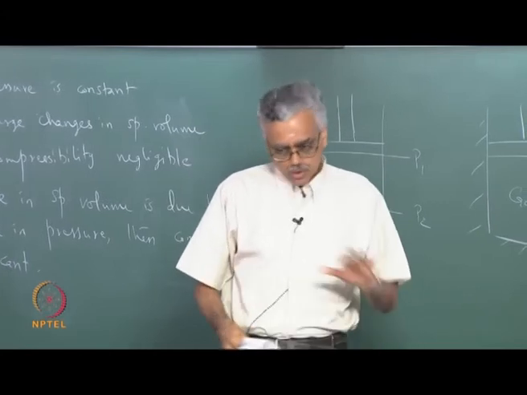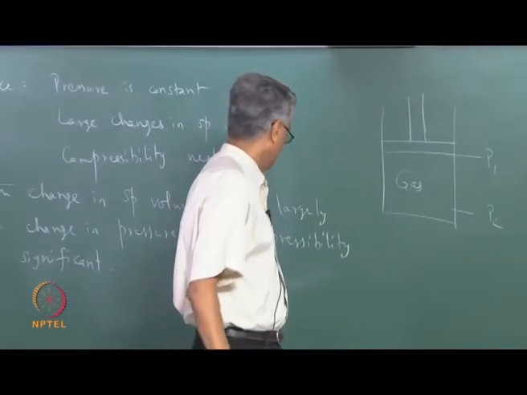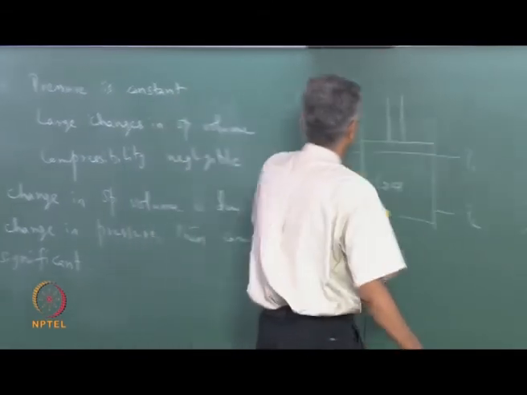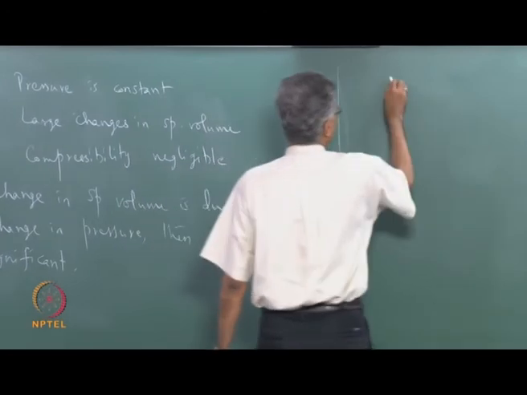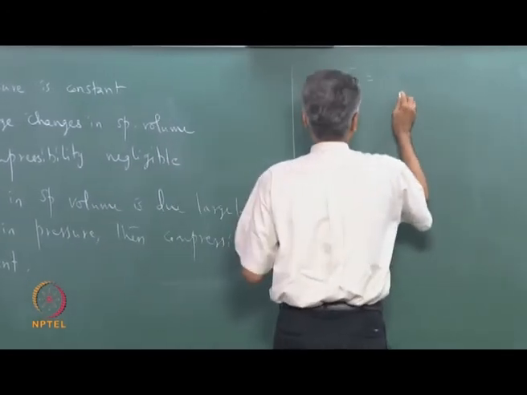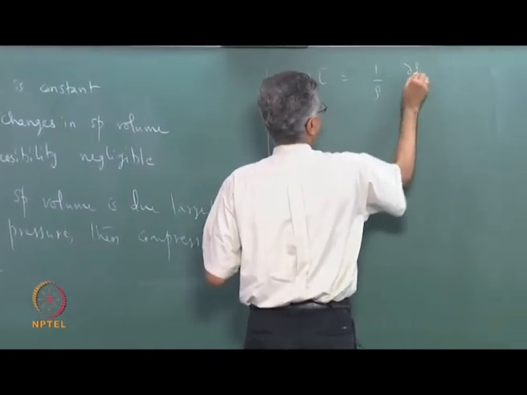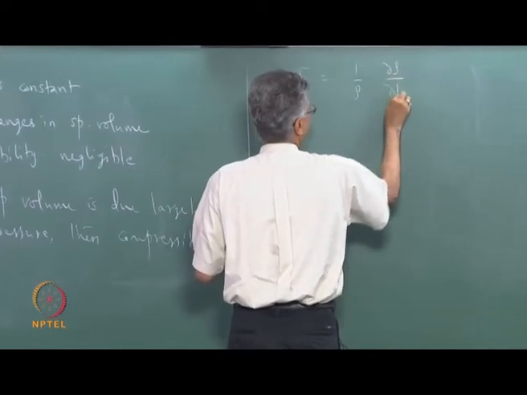Okay. Now there is also another factor which is important in these cases, and that is what we are going to look at next. So if I rewrite the equation for compressibility in terms of density, I can write tau as 1 over rho partial rho partial p.